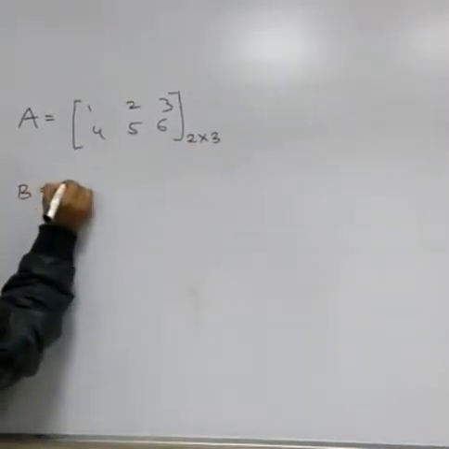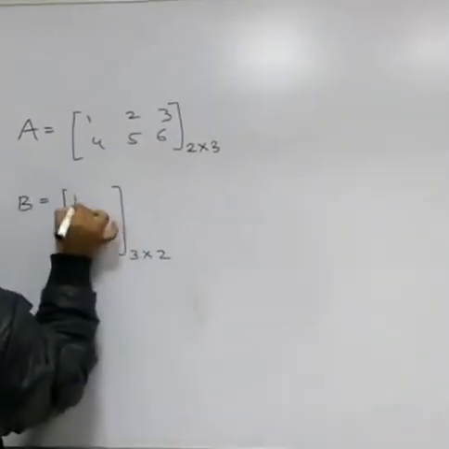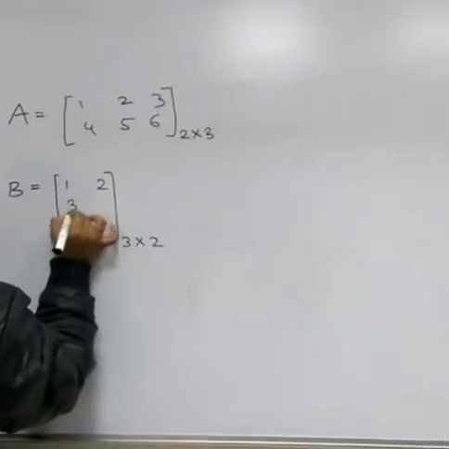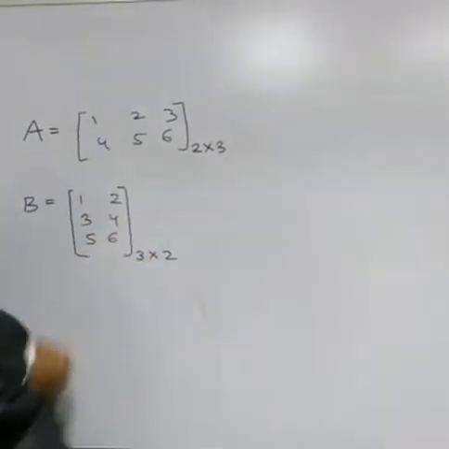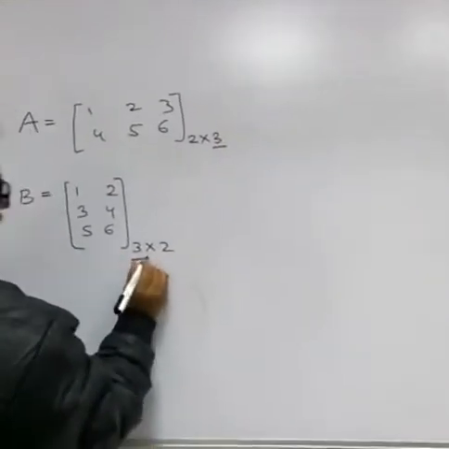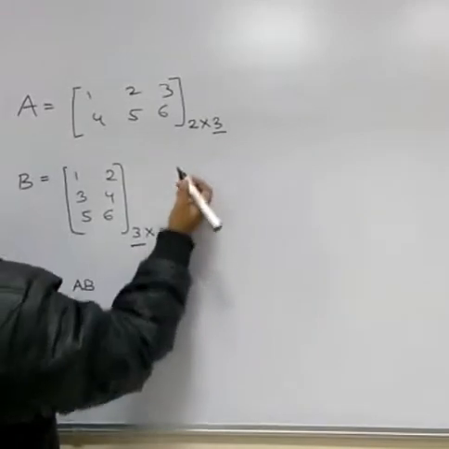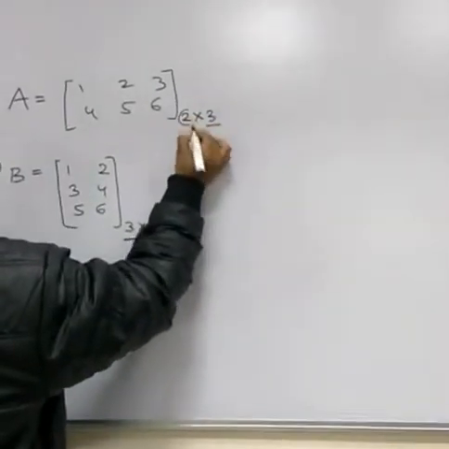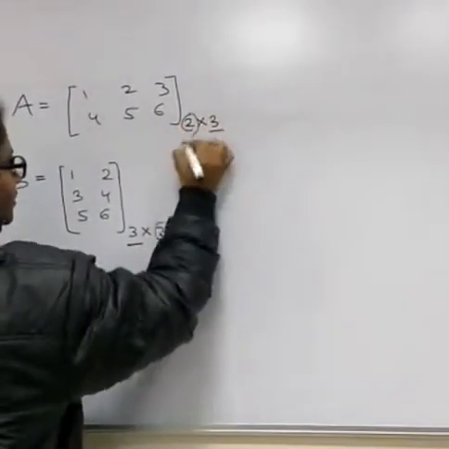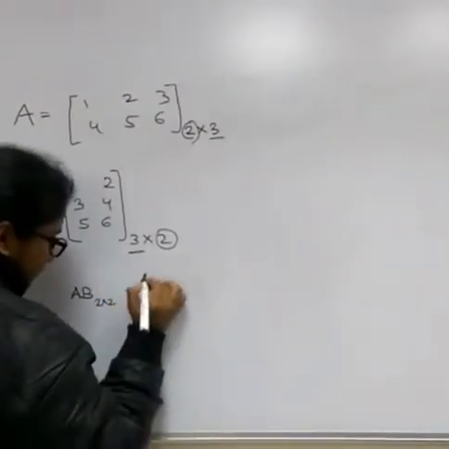Let B be equal to a 3 cross 2 matrix, which can be 1. Since the number of columns of A is equal to the number of rows of B, AB is possible, and the order of AB will be the rows of A and the number of columns of B. So AB should be a matrix of 2 cross 2 order.